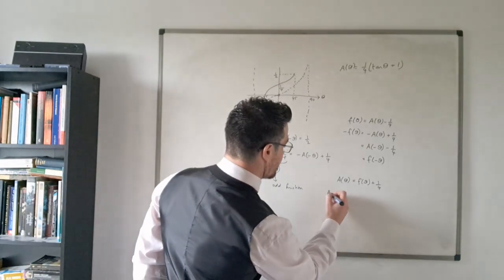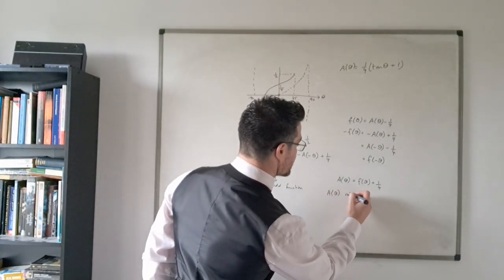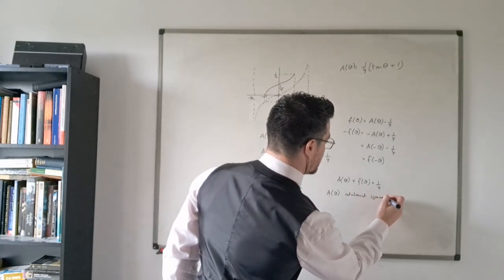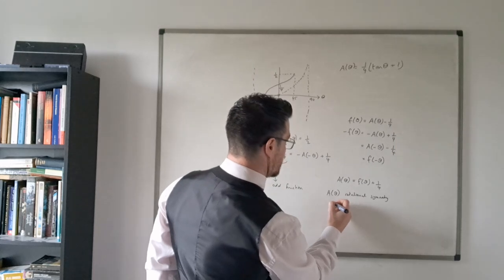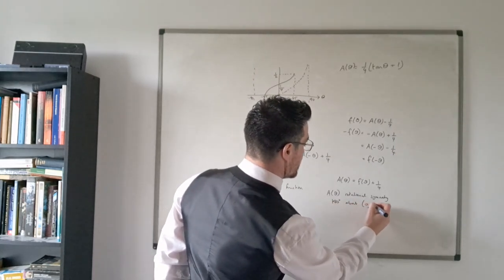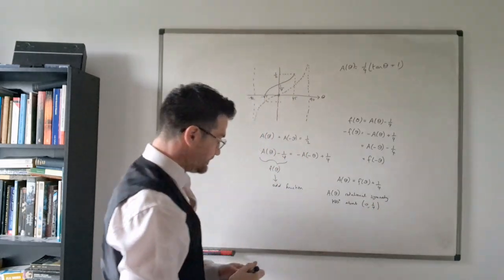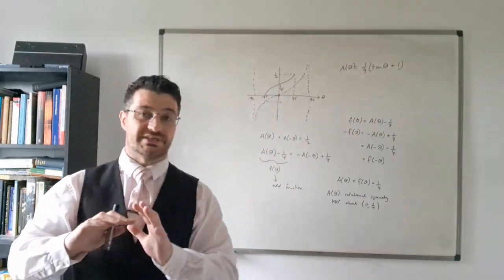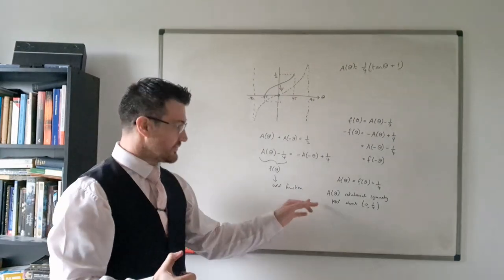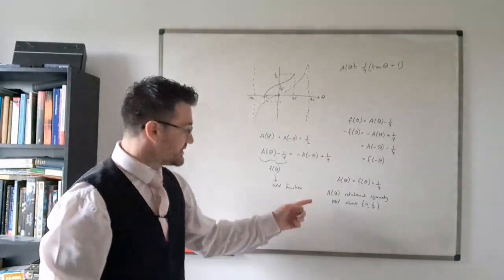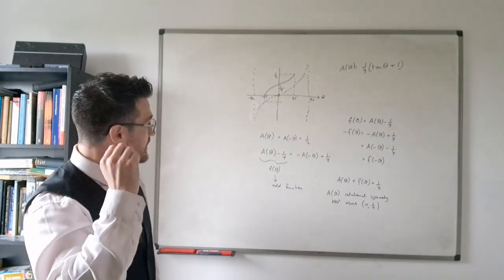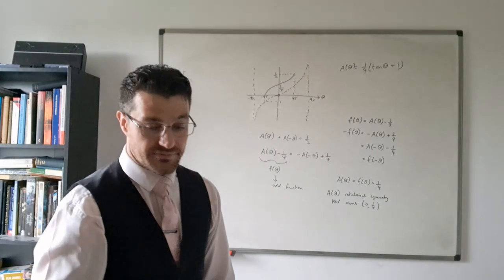So a of theta has a rotational symmetry of 180 degrees about 0, a quarter. So a of theta itself is not an odd function, but it's closely related to an odd function. It's a translate of an odd function. Okay, so then we're on to the final part.